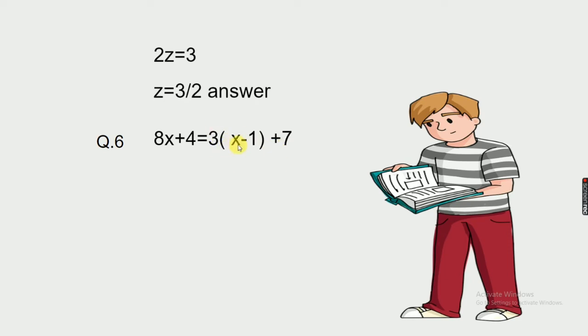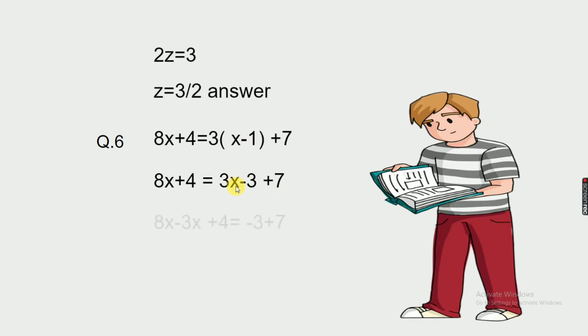Now, first of all, we would solve this bracket. We would multiply 3 with x and multiply 3 with minus 1. So 8x plus 4 is equal to 3 multiplied by x, we got 3x, and 3 multiplied by minus 1, we got minus 3, plus 7.